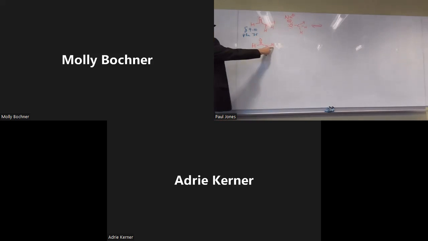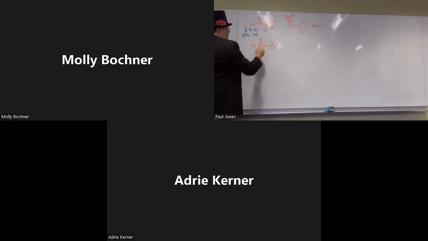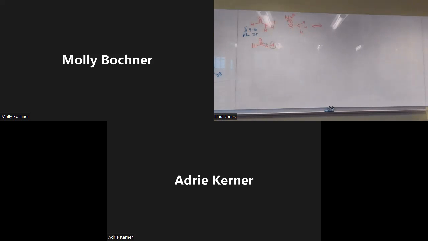Okay, so this H is acidic because of the electron withdrawing nature of the carbonyl, right? The carbonyl is withdrawing electron density from the O. That makes that OH more acidic than it would be if it were not bonded to a carbonyl.